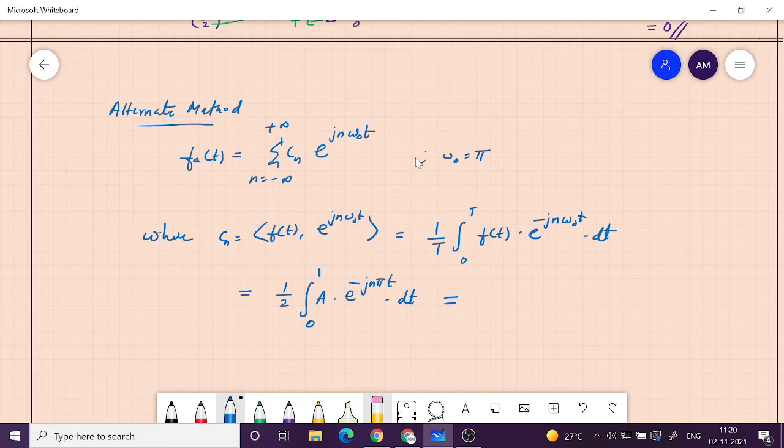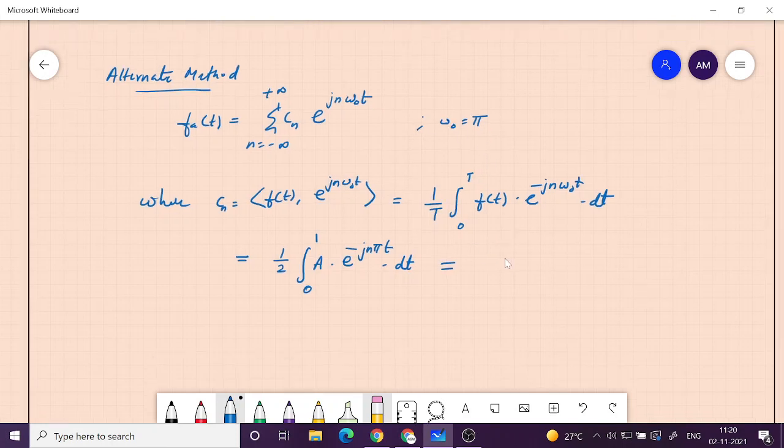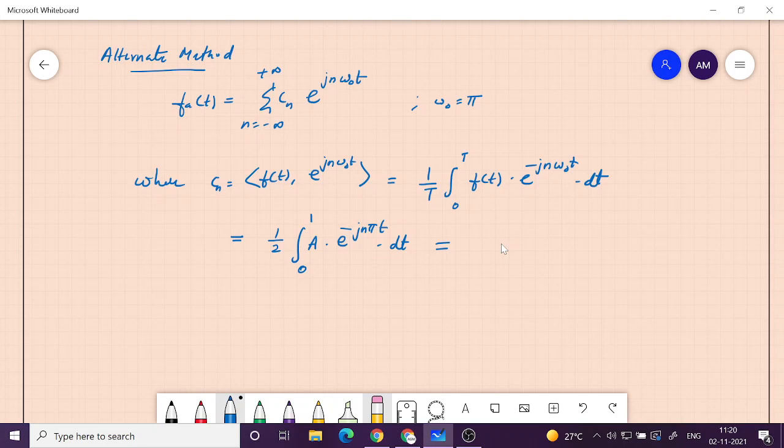Okay, so a by 2, if I integrate this, it will be e raised to minus j n pi t divided by minus j n pi, from 0 to 1.